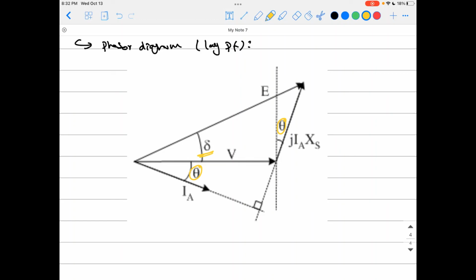And this is the angle delta, which is the power angle that we'll be dealing with all the time. That is the terminal voltage V terminal, and that is EA, and that is the current IA. So that is IA, that is jIAXS, and that's it.